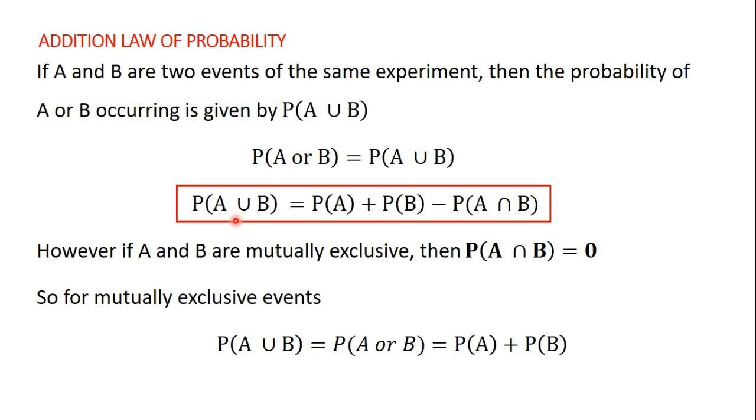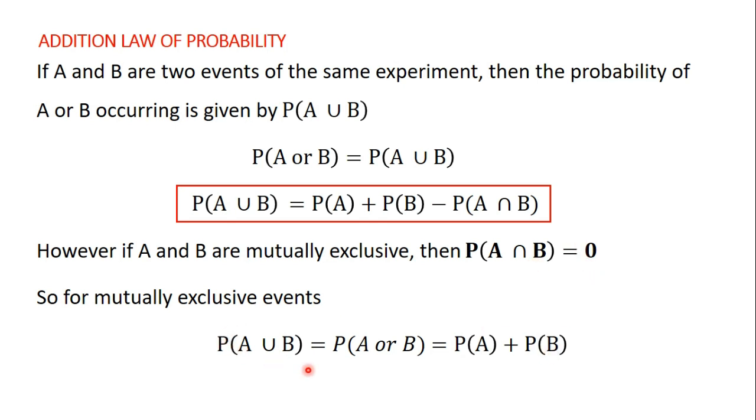If you have two events, event A and event B, the probability that event A or event B will occur is given as probability of A plus probability of B minus probability of A intersection B. But if A and B are mutually exclusive events, we know that probability of A intersection B, which is probability of A and B occurring together, is equal to 0.